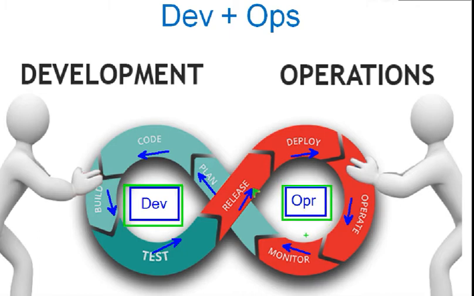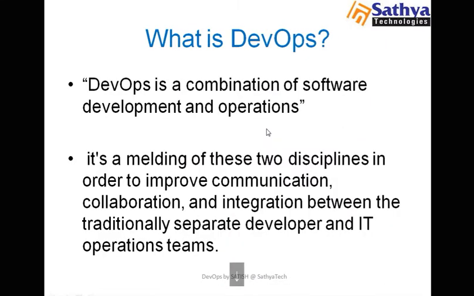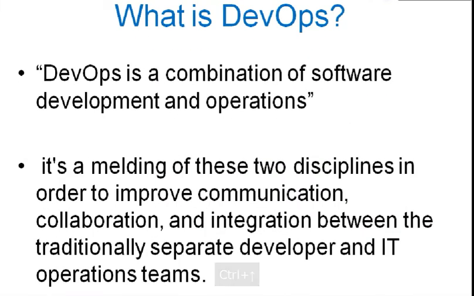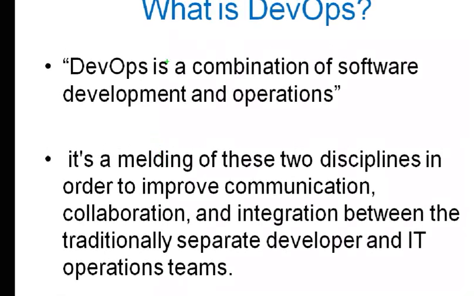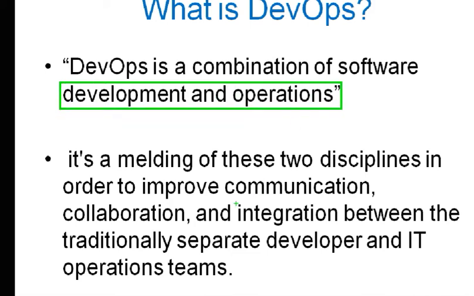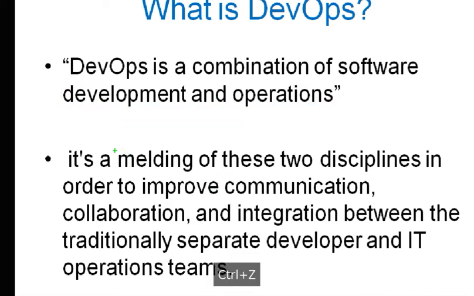A simple definition: DevOps is a combination of software development and operations. It is melding, in a sense combining, these two disciplines. What are the two disciplines? One is development and the other is operations.